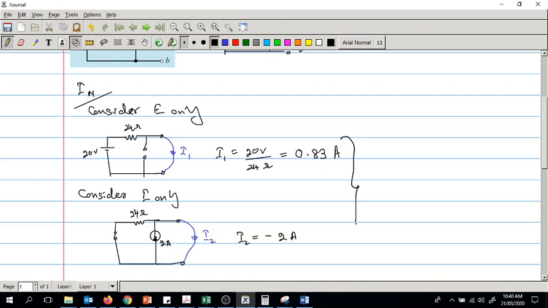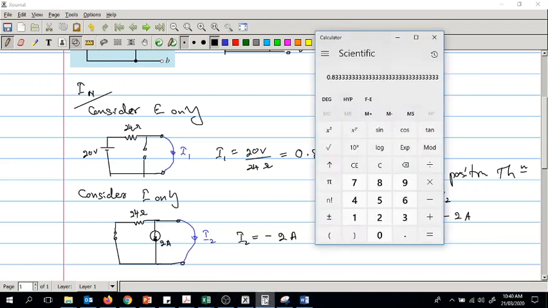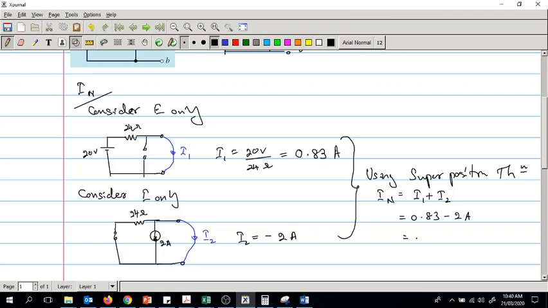So from these two, using the superposition theorem, IN is I1 plus I2, which is 0.83 minus 2 amperes, which will be minus 1.17 amperes.